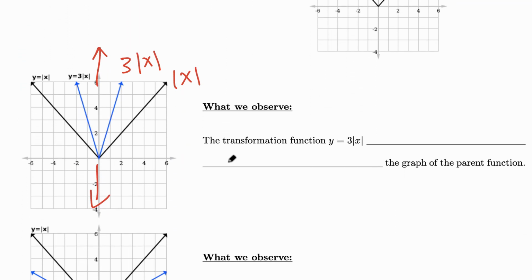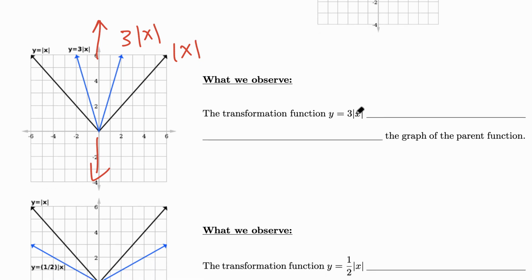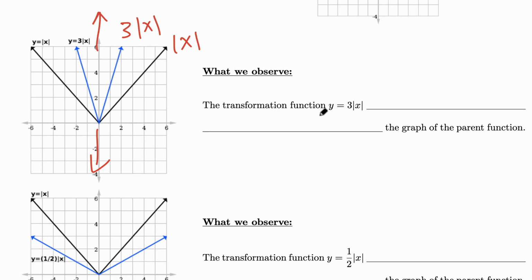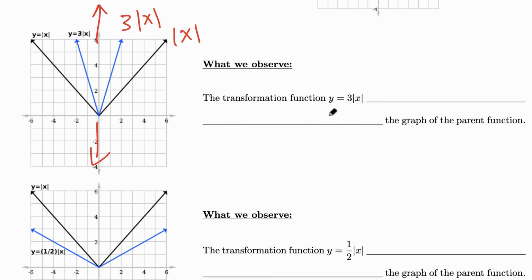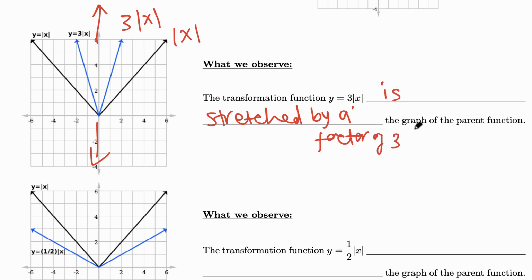The transformation function y equals 3 absolute x, the graph of the function is stretched by a factor of 3 of the graph of the parent function y equals absolute x.